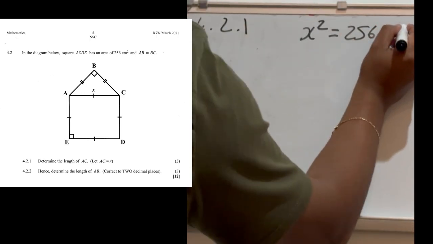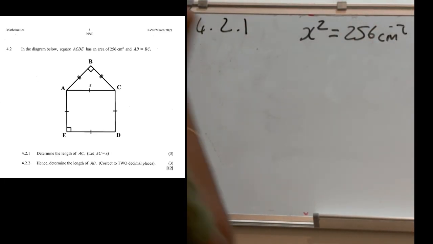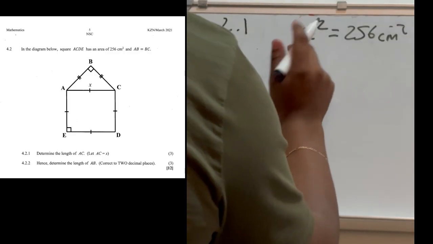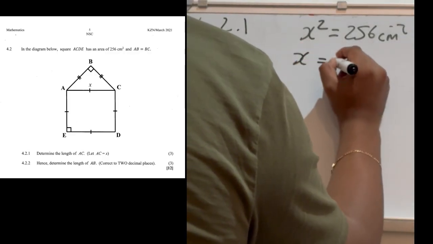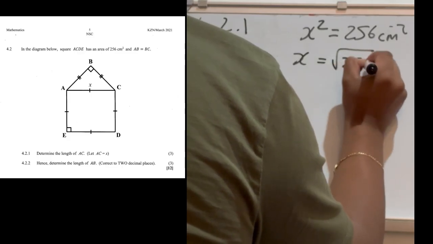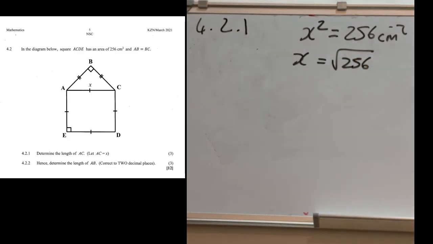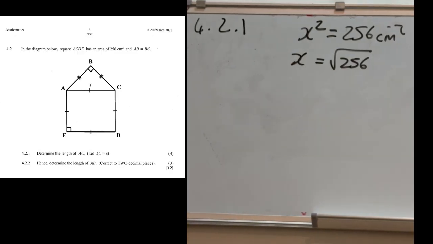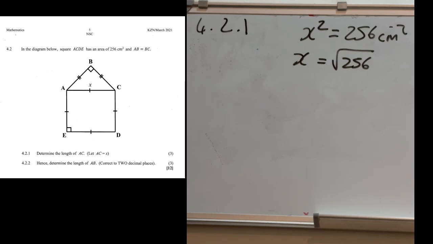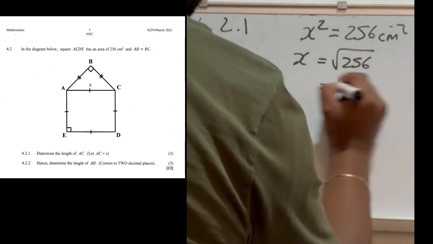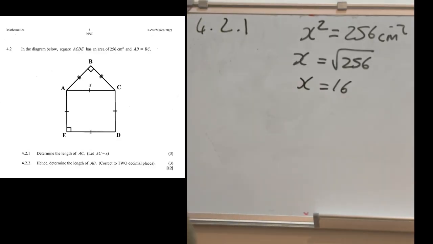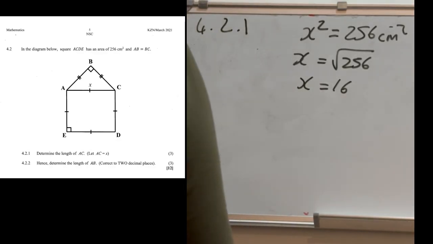Okay. So how can we just get x? We can just get the square root of both sides. 256. What is the square root of 256? It's just 16. So x is 16. Okay.